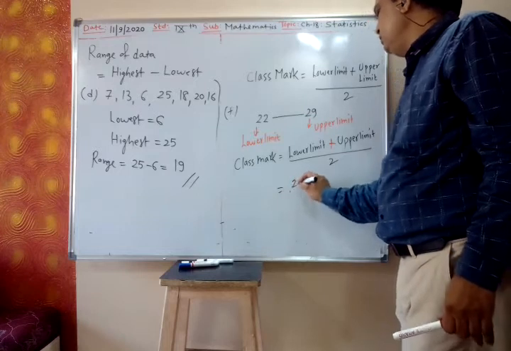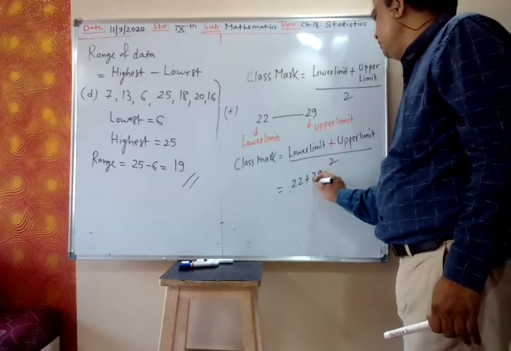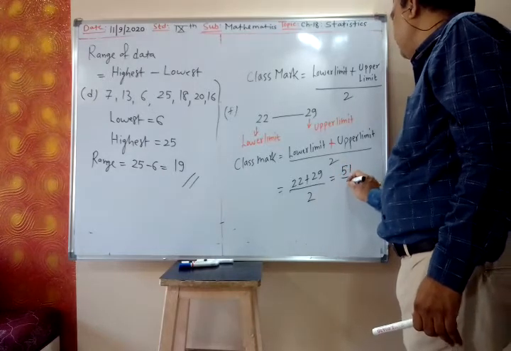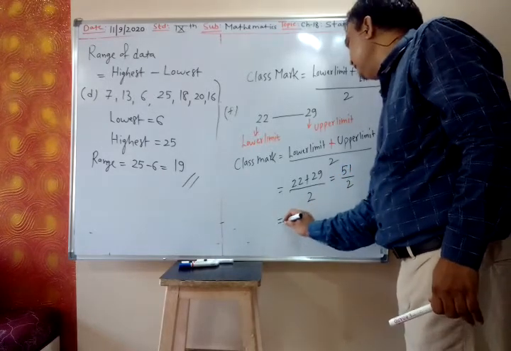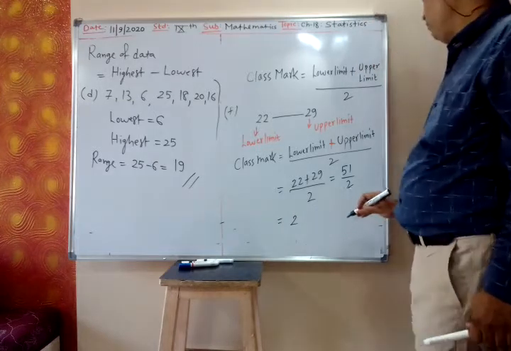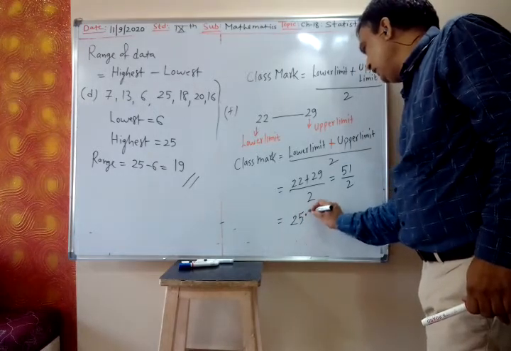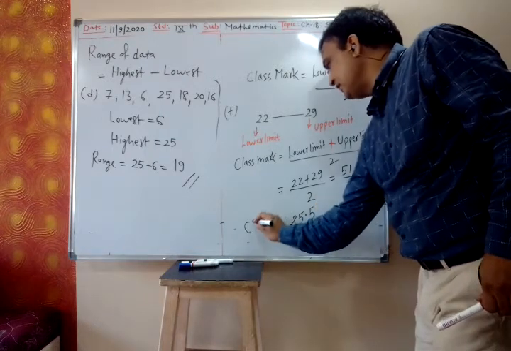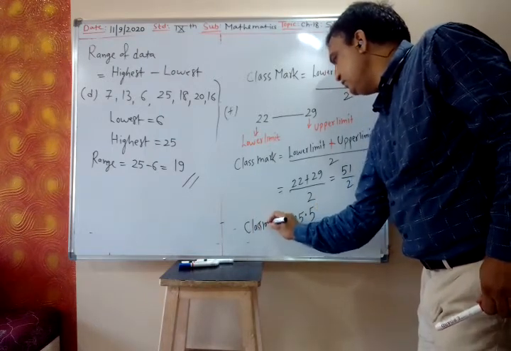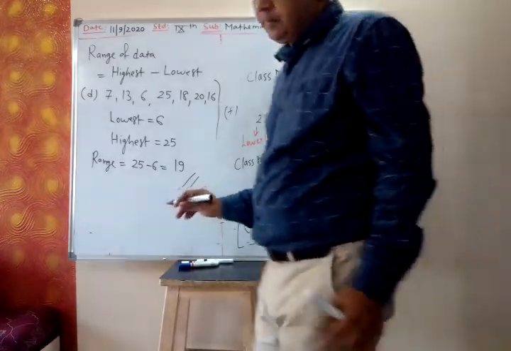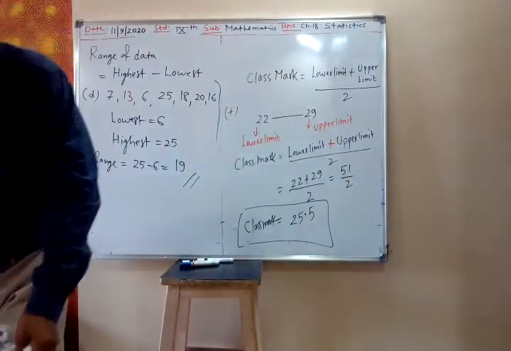So that is 22 plus 29 upon 2, which is 51 upon 2. Dividing, 2 2s are 4, then 2 5s are 10, so 25.5 is the class mark. My class mark is 25.5.